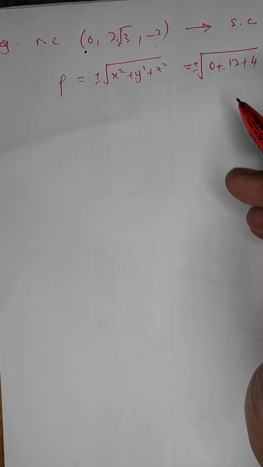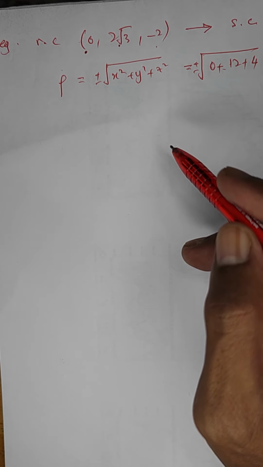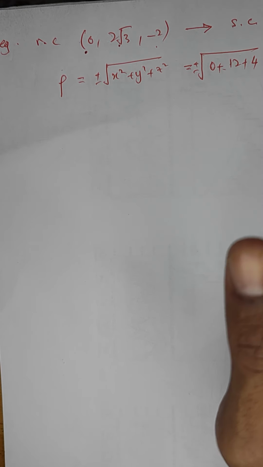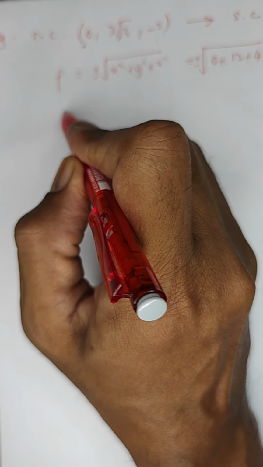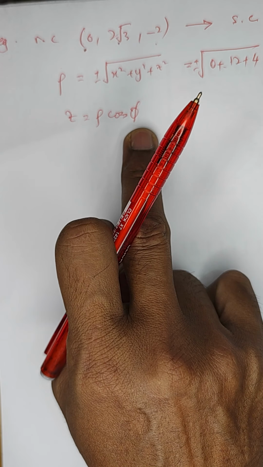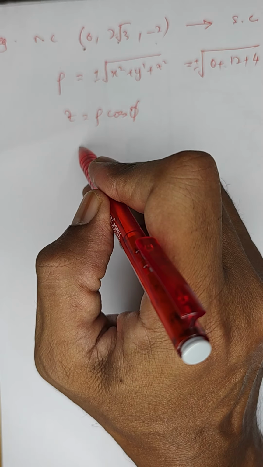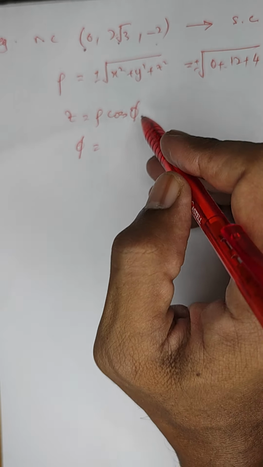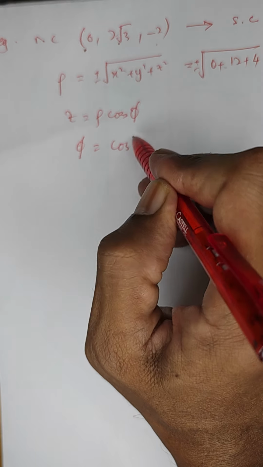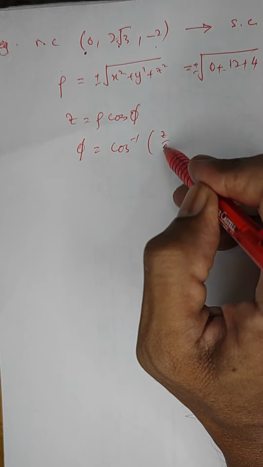And next is to find theta and phi. Okay, so the easiest way, from z is rho cos phi, we can find phi more straightforwardly from here. Okay, so phi is given as cos inverse of z over rho.